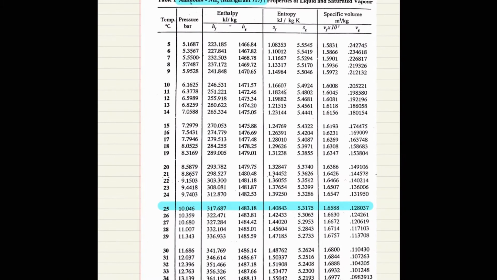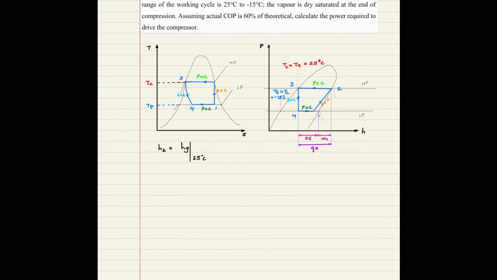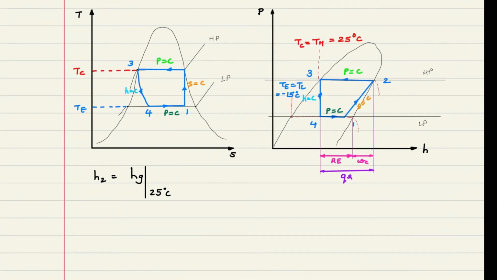We have to read Hg value. So this is Hg. So what will be this value? It will be 1483.18. So we'll go back to the numerical and write down the value. So H2 value is equal to 1483.18 kilojoule per kg.